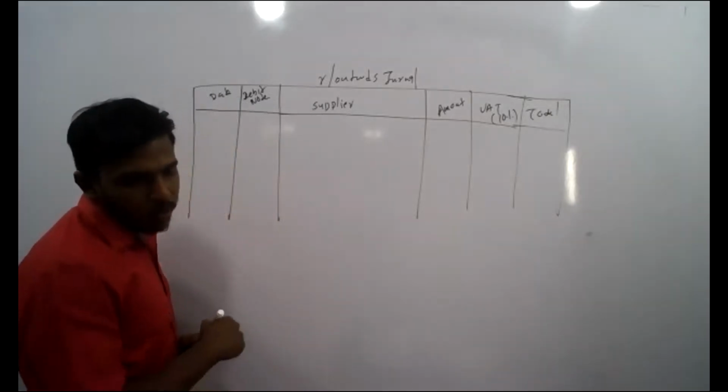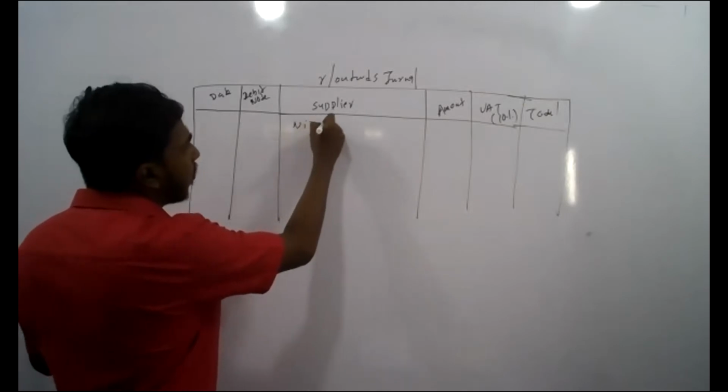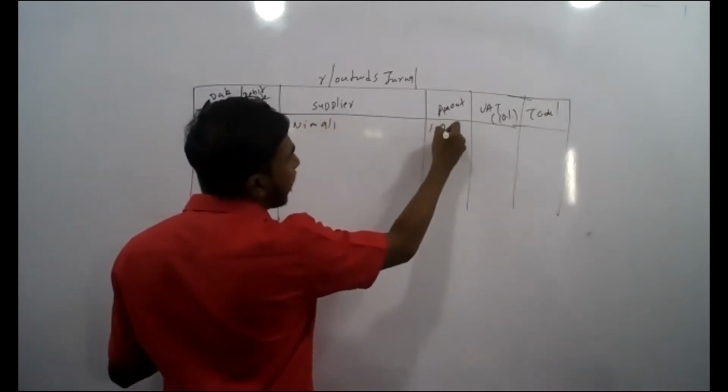So returned goods costing 100,000 for Nimali. Now this is the amount because it's excluding VAT.